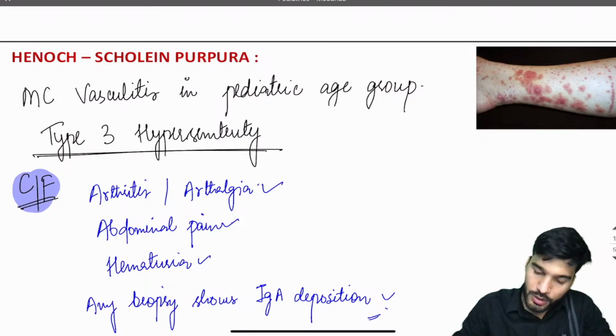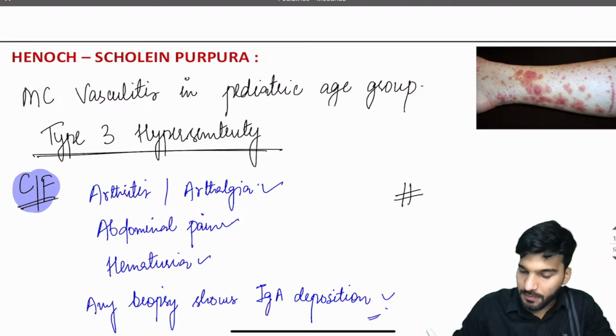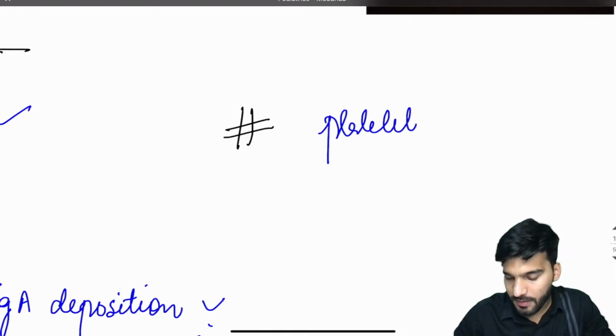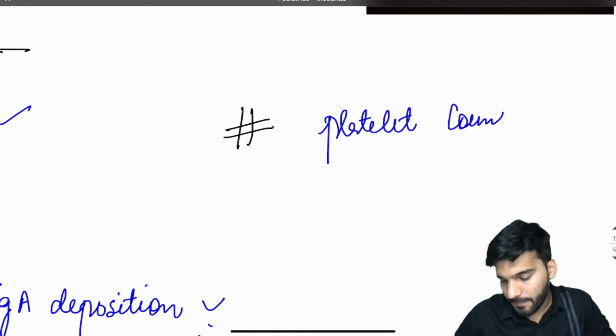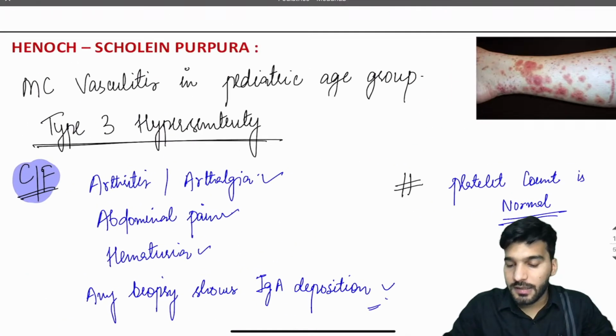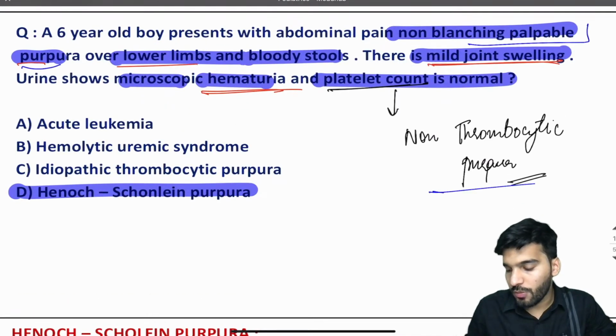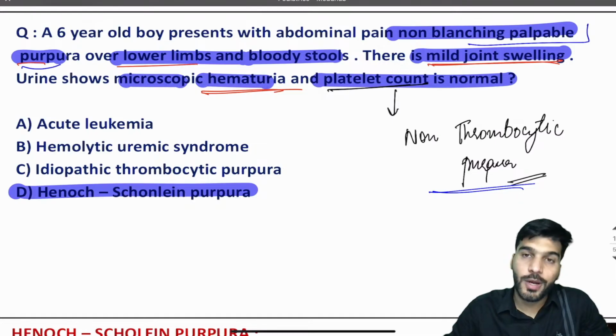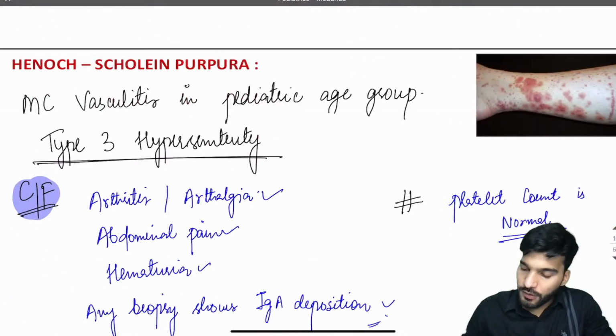One important hint that they can mention in the question is that the platelet count is normal. That's why I have mentioned that this is a non-thrombocytic purpura. And what exactly is the reason for this purpura?